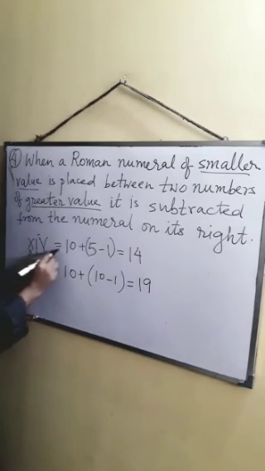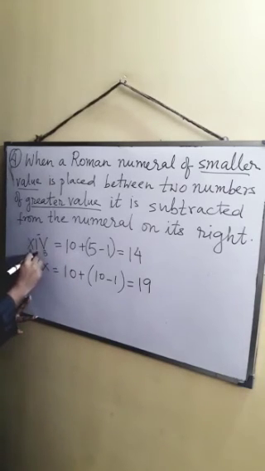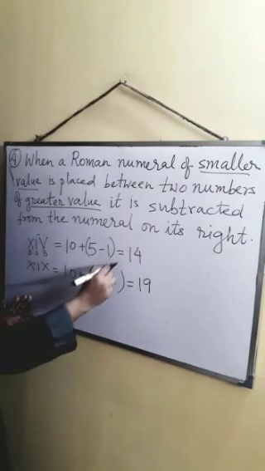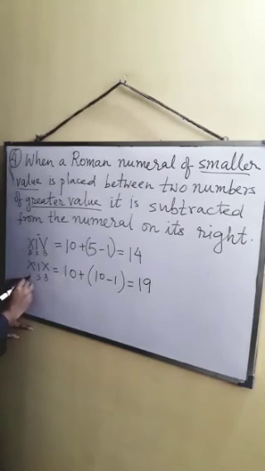This is 10. Then 10 gets added to this subtracted number. This is 5 minus 1, that equals 14. Again here you will see XIX. Here the smaller number is I, and on both sides we have bigger numbers.